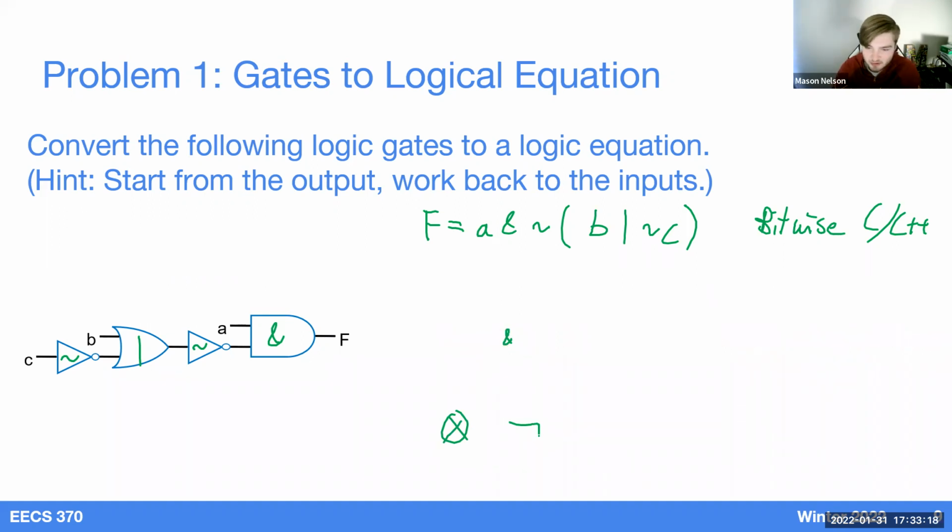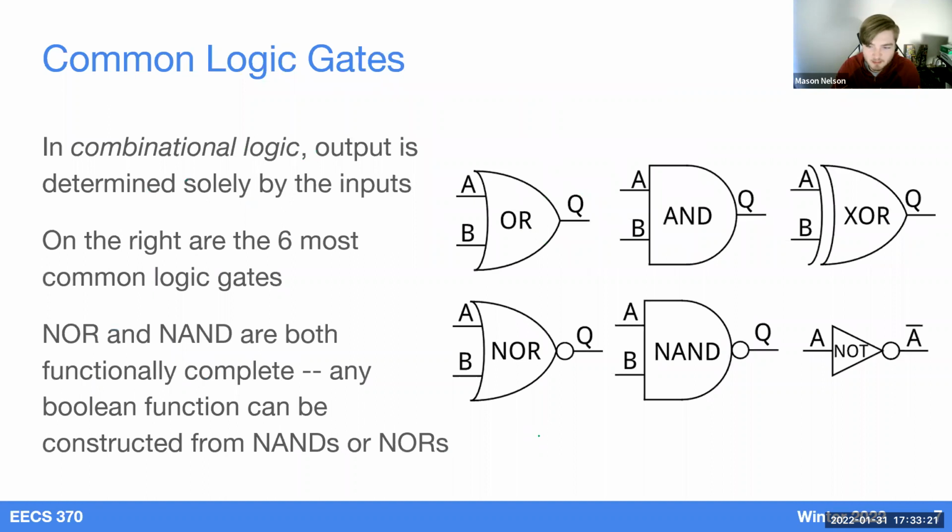But this would be our answer for this question. One thing I do want to note, if we go back real quick, I said that anytime we see the bubble, that's going to be a NOT of some sort. And so before we get to the next question, I want to remind you of De Morgan's law. De Morgan's law says you can take a NOT on the outside of an OR or an AND and sort of distribute it. When you distribute it, you turn the ORs into ANDs, and you turn the ANDs into ORs, and then you NOT both the inputs.